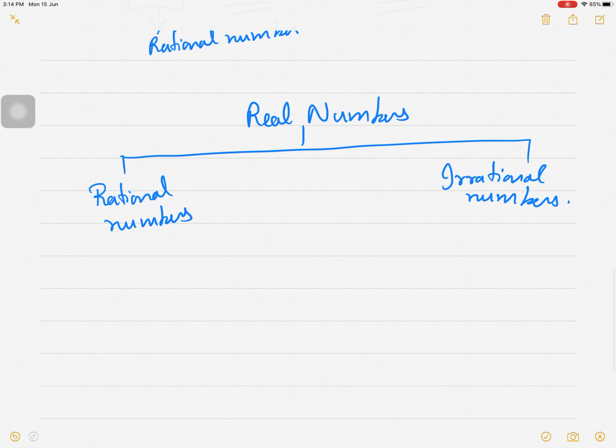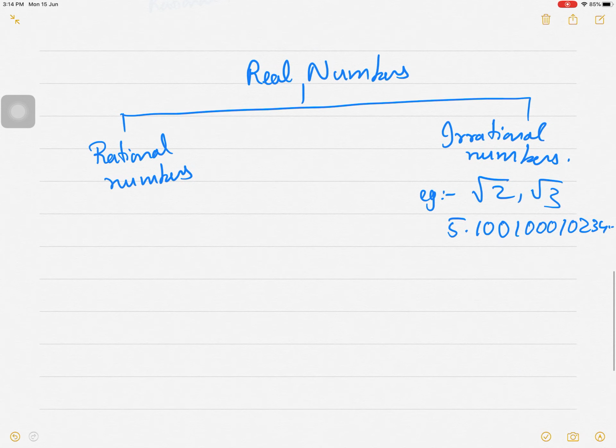For irrational numbers I have given you examples: root 2, root 3, 5.100000010234 and so on.